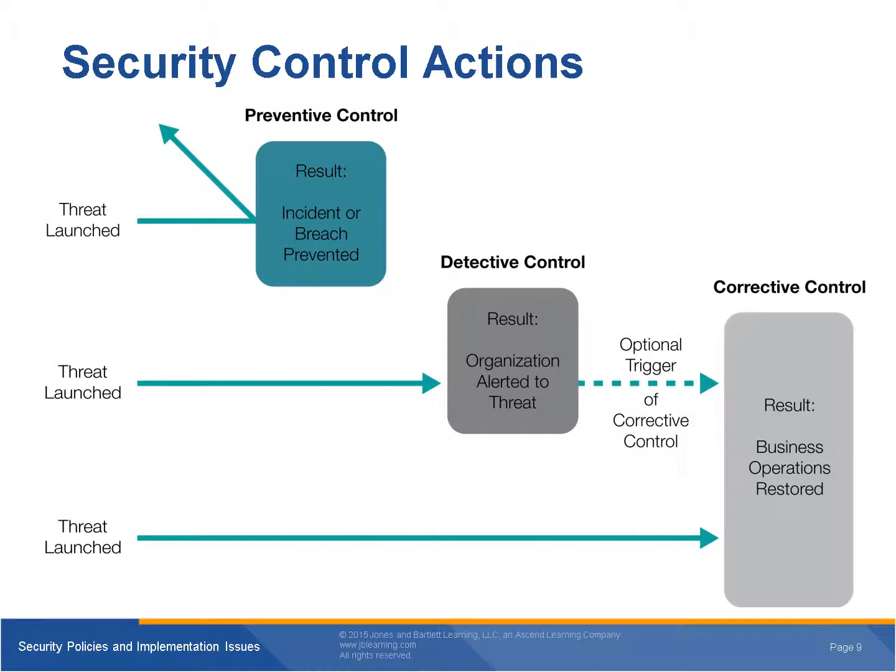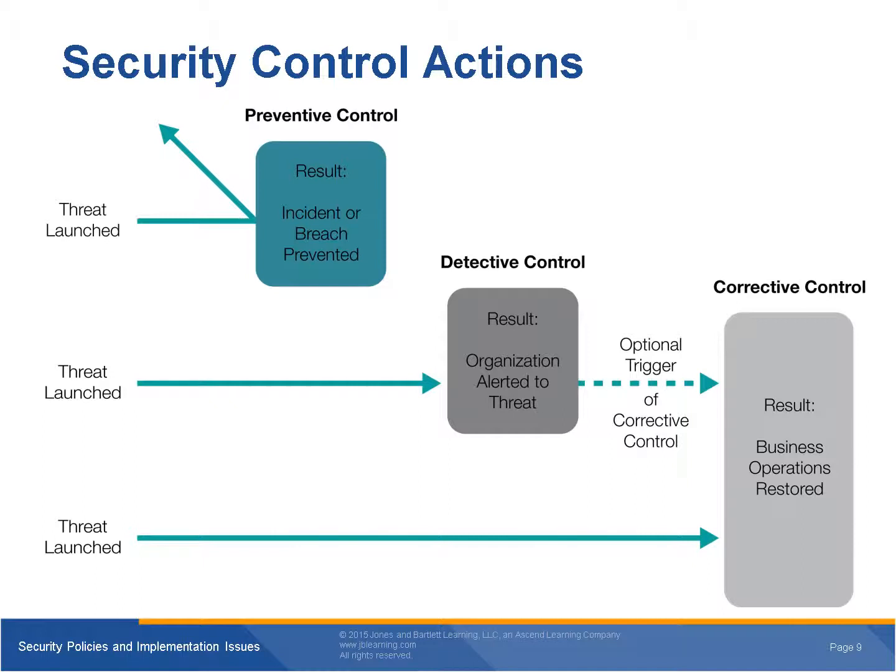So the security control actions. You have the preventive control. That is the first line: if a threat is launched against the organization, it can stop the breach. So the incident or breach is prevented.